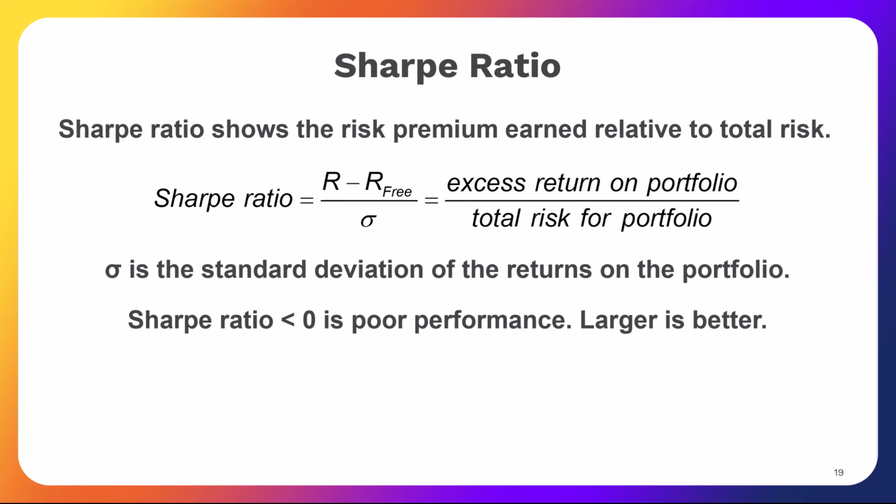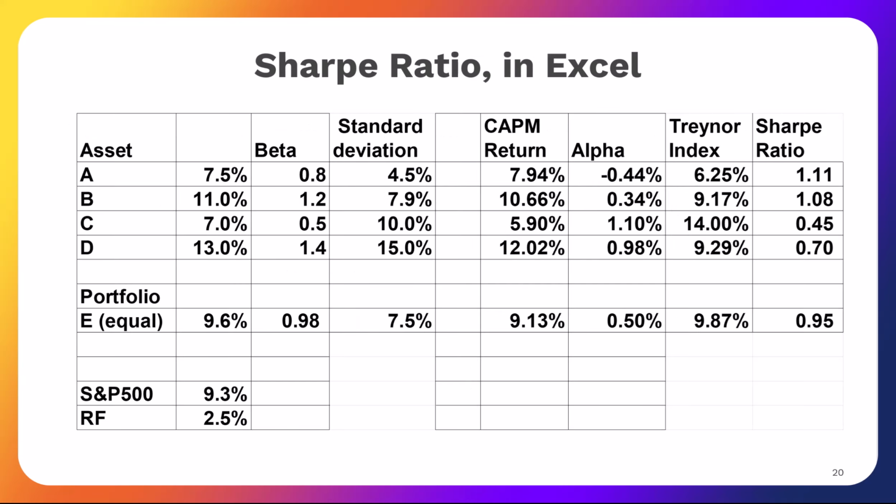Morningstar publishes this data for mutual funds. So if the Sharpe ratio is less than 0, it has poor performance. The only way it can be negative is if the rate of return is less than the risk-free rate. Again, larger, though, is still better than smaller.